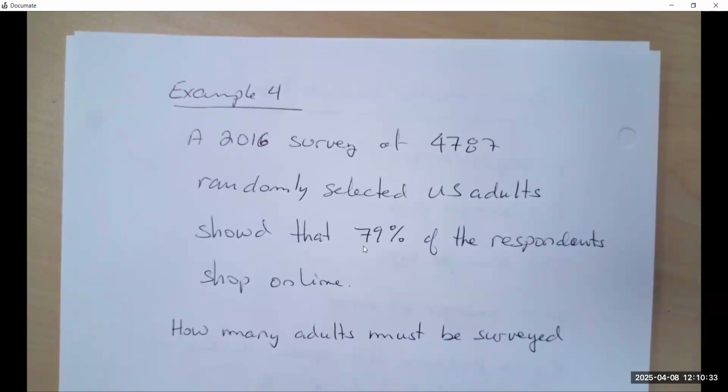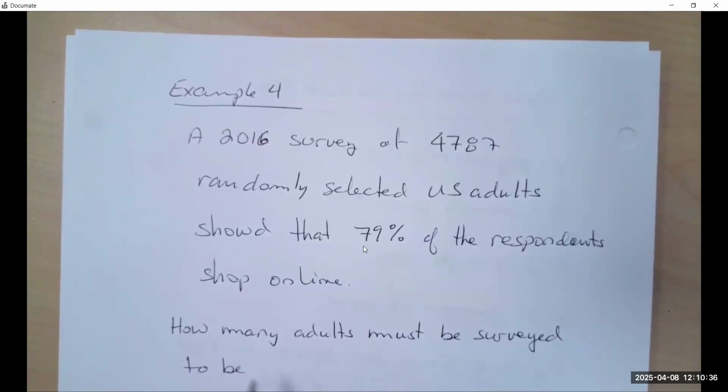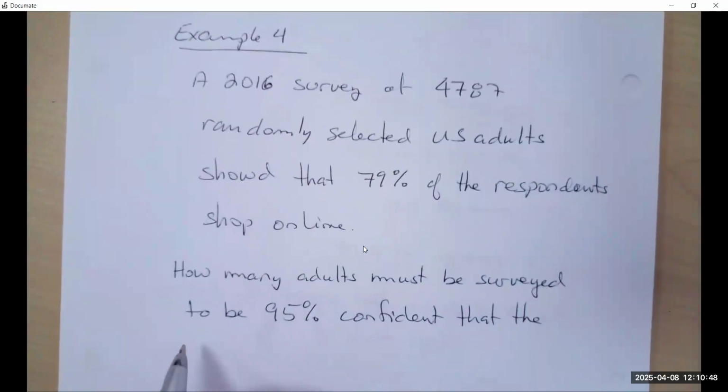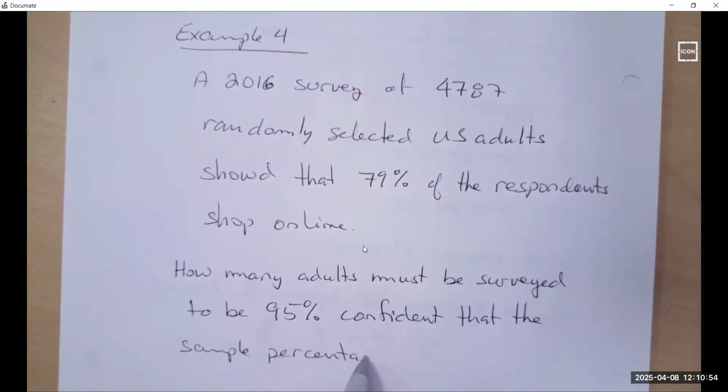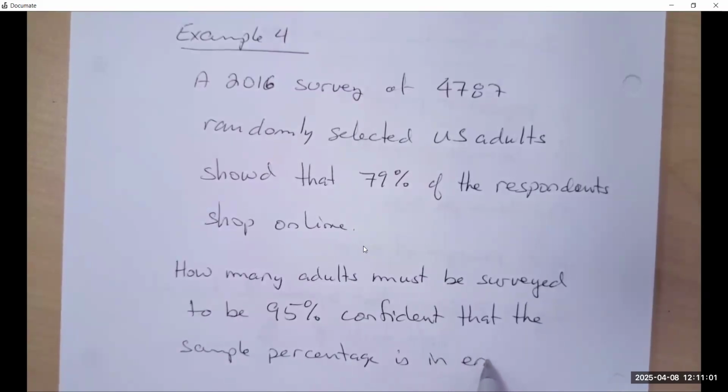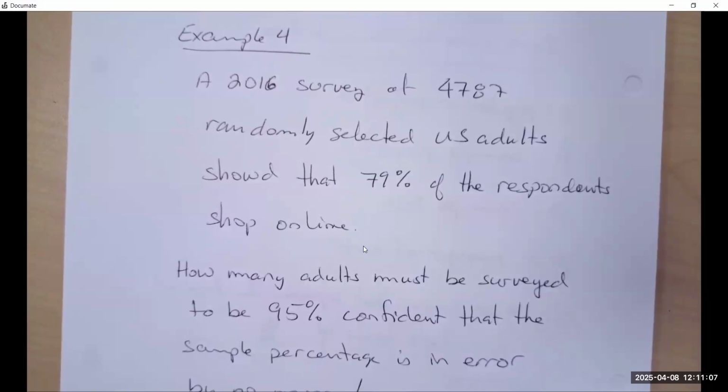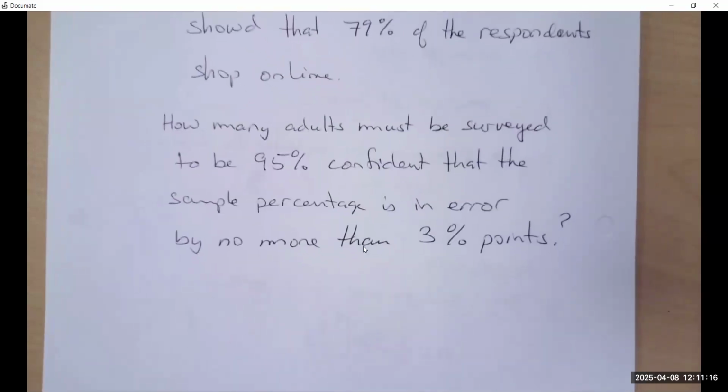We must be 95% confident that the sample percentage is in error by no more than 3 percentage points.